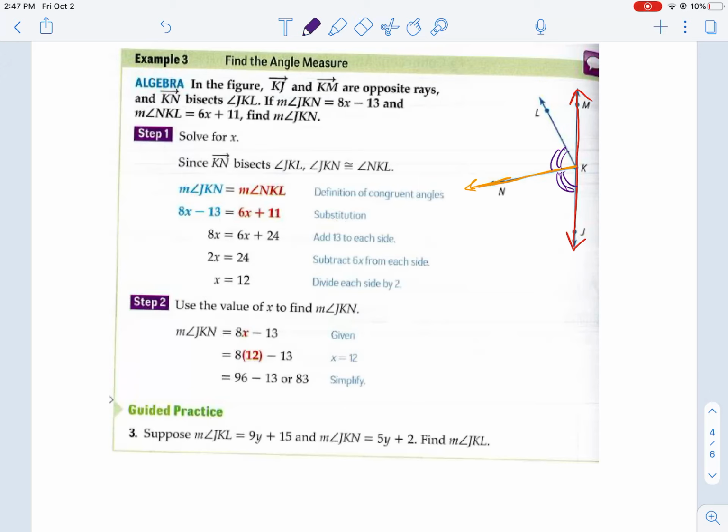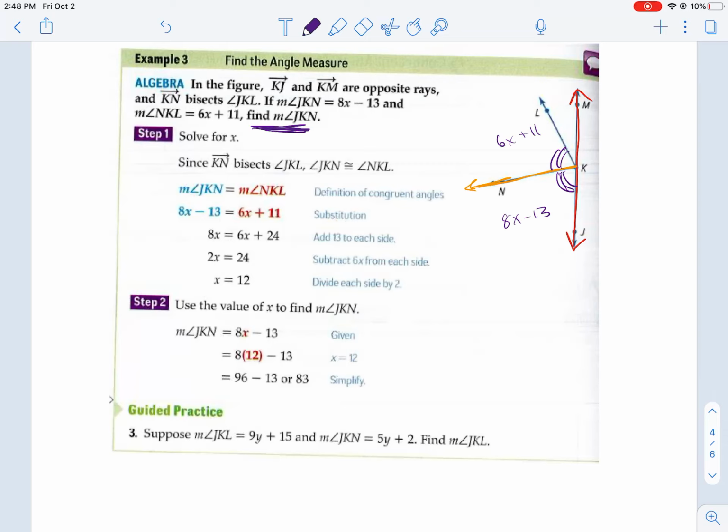And if the measure of JKN is equal to 8x minus 13, and the measure of NKL is equal to 6x plus 11, how can I solve to find the measure of angle JKN?